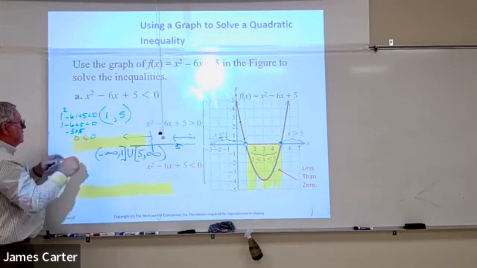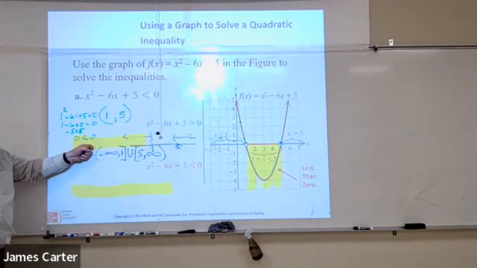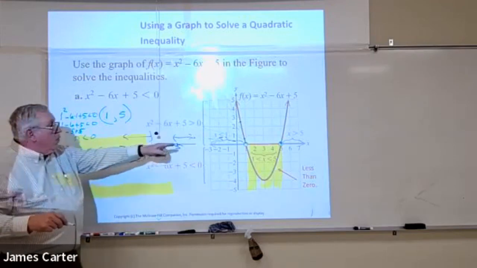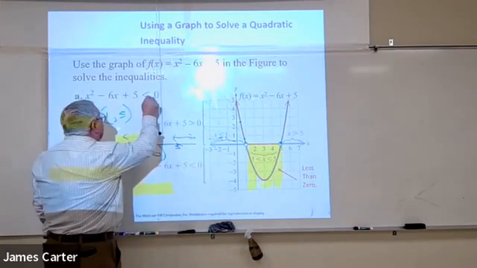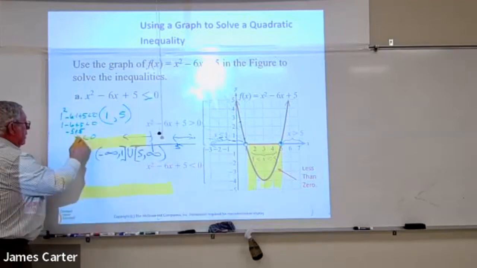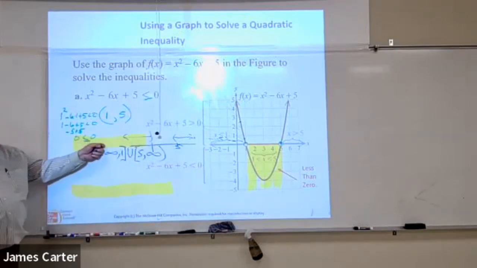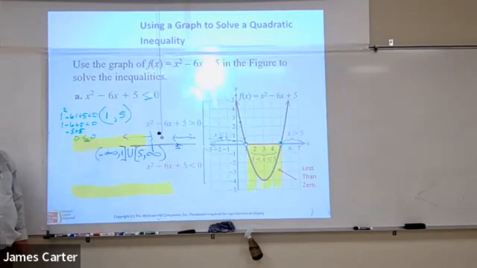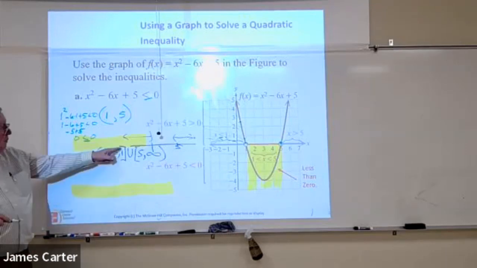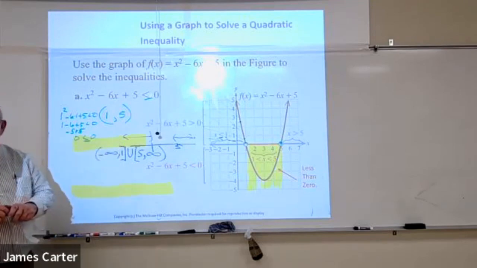But 0 is not less than 0. So that's why 1 is not included. If this were or equals, then that would be a true statement. And that's the difference and why we have the parentheses or the brackets.